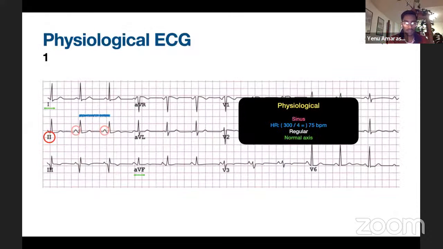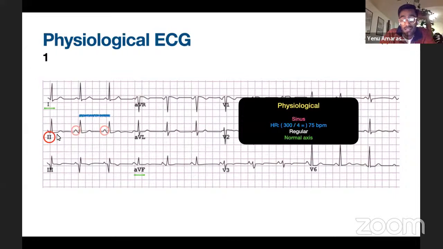In most hospitals, they tend to give it at the bottom of the paper. Unfortunately, in this example, it's not there. It generally runs for a much longer duration than all the rest of the leads, so it's easy for you to analyze. So assuming that we have the information, you analyze lead 2.